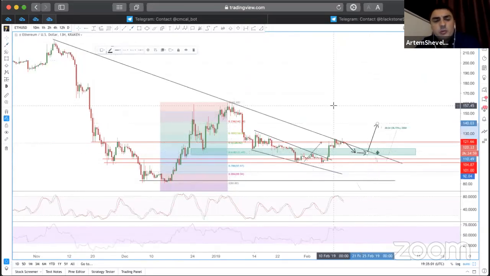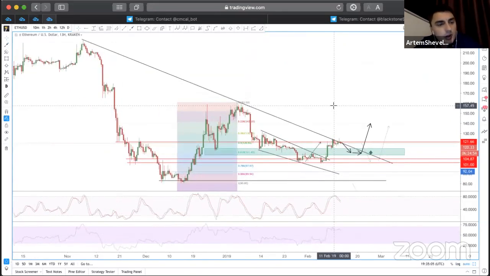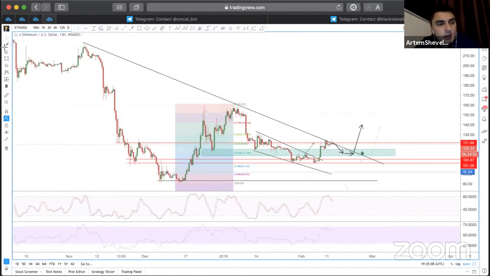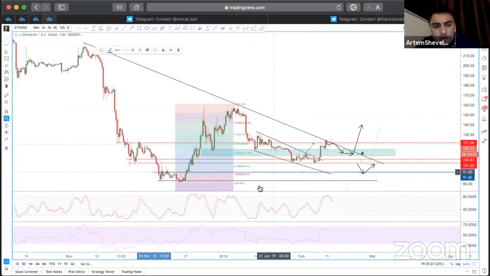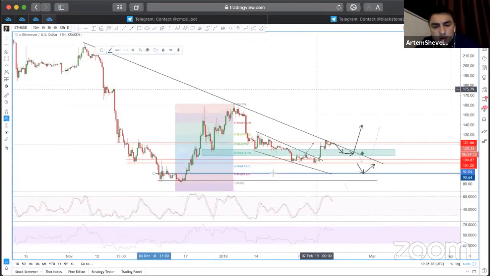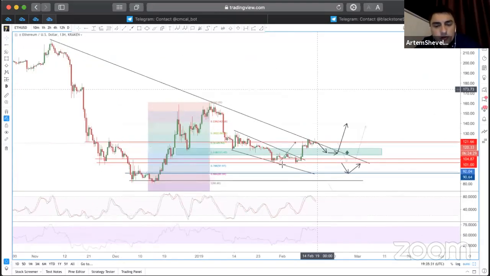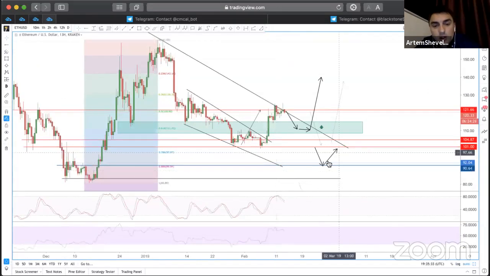We need more volume to break out, and you need to know that in case of emergency, you have to wait with orders near 90, because here is a good area as well, with a strong support here right now. So you need to be ready for these levels as well if you're going to trade.